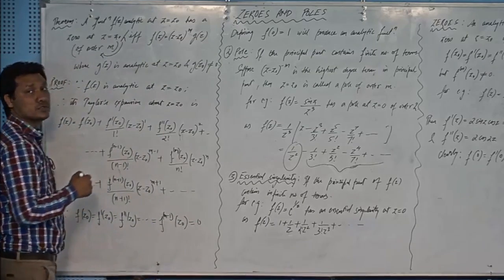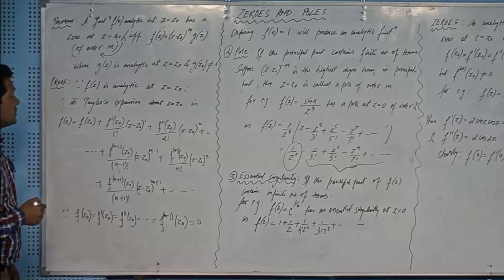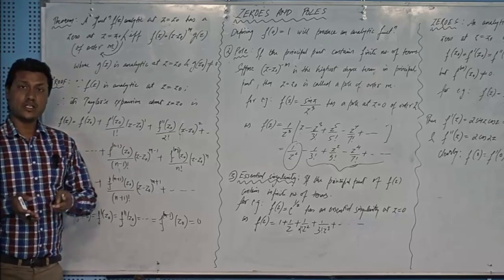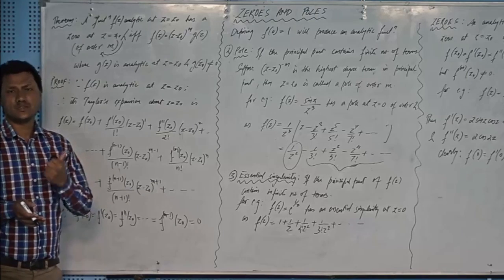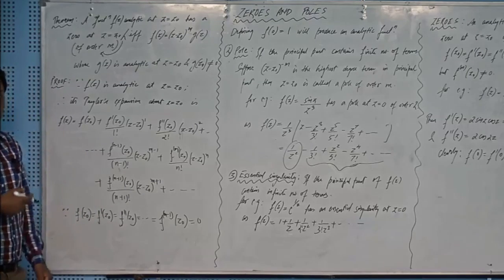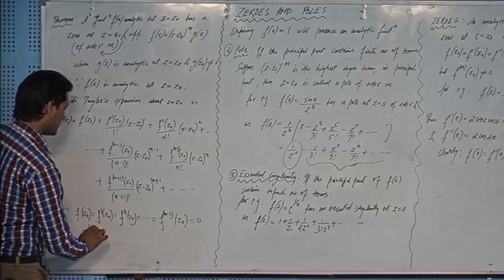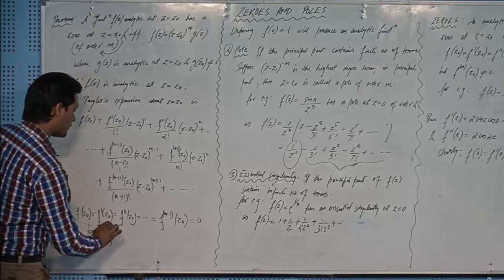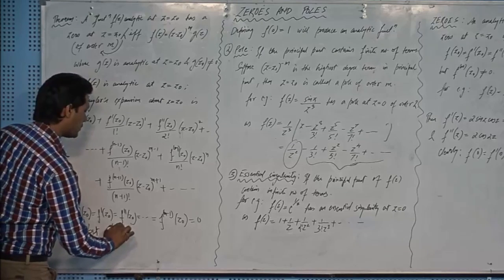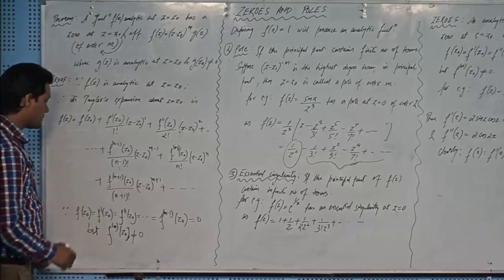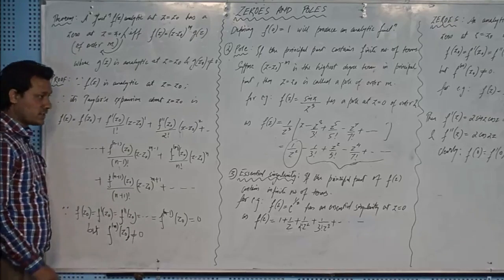If you say that a function has a 0 at z equal to z naught of order m, then all its derivatives up to the (m minus 1)th derivative at z naught will vanish. But the mth derivative evaluated at z naught will not be equal to 0, of course. So I will be using this information here in my series.